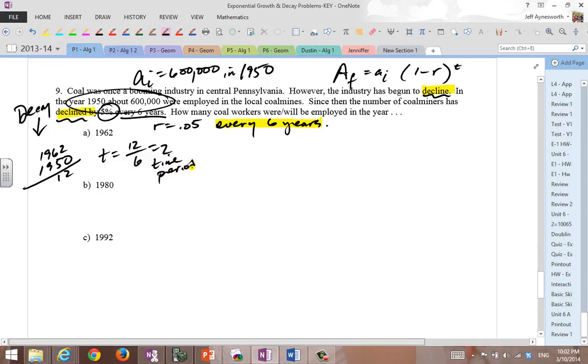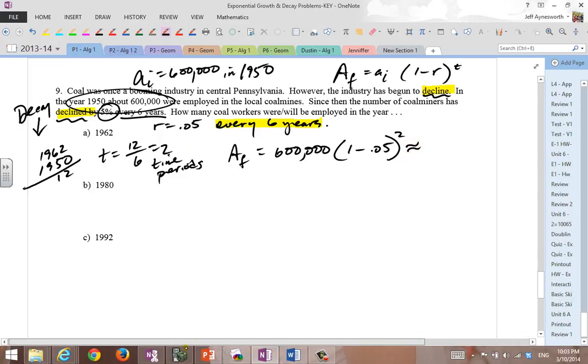Notice that I calculate the number of time periods in every single example, even before I start the problem. You need to do that on all these problems. So here we go. We take the initial amount, which is 600,000, times 1 minus, it's a minus because it's a decay problem, things are declining or going down, minus 0.05 or 5% raised to the second power.